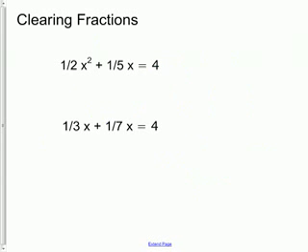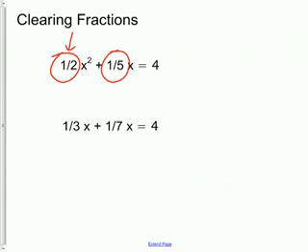What really comes in handy, though, is in problems like the one I just had up a minute ago. I should go back to it. That one. 1/2 x squared plus 1/5 x equals 4, where you have two different denominators, and it seems like you're going to have to somehow add them or find a common denominator. Don't. Just multiply by something.